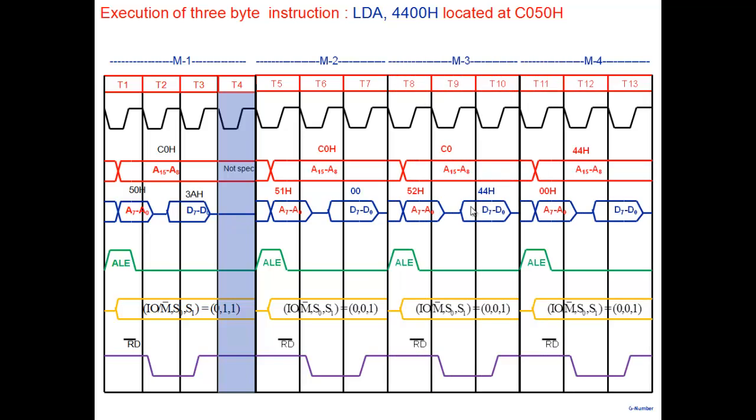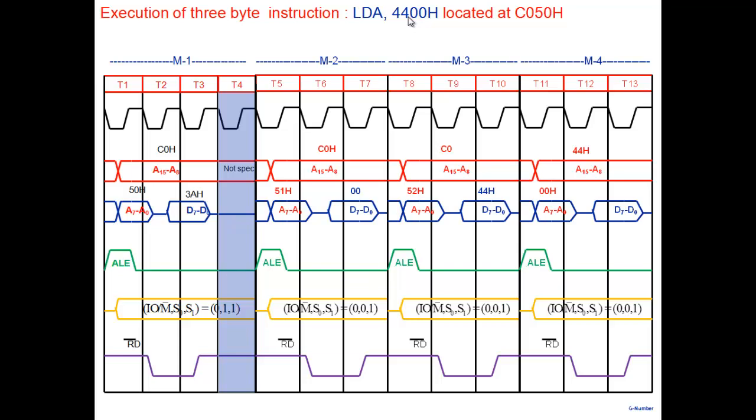So 44H and 00 are placed here, and then the data is brought into the accumulator. So I have to execute 4 machine cycles to execute this instruction, and the total number of clock cycles is 13. That's how it's able to execute this.